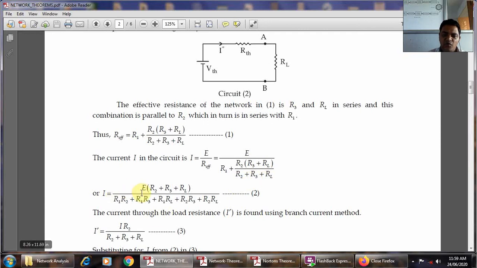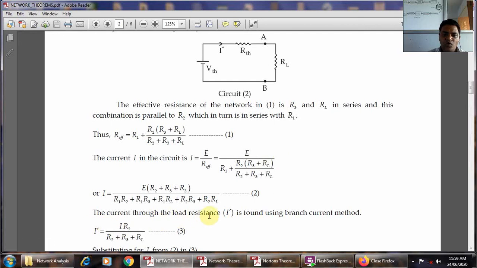Therefore I equals E into R2 plus R3 plus RL upon R1 R2 plus R1 R3 plus R1 RL plus R2 R3 plus R2 RL. Take the cross multiplication, so that term goes from the denominator to the numerator.